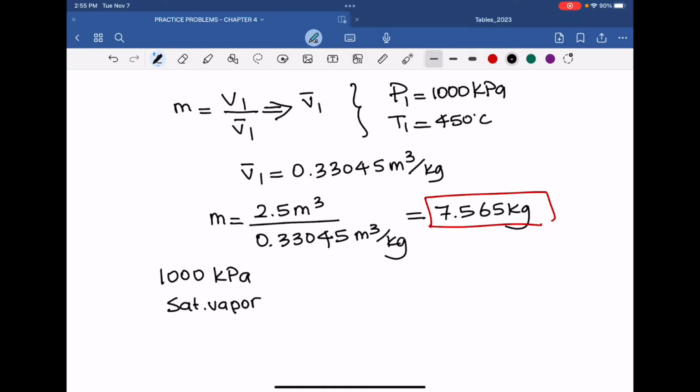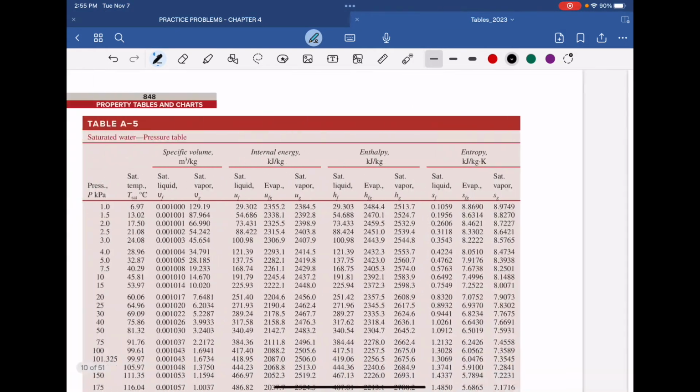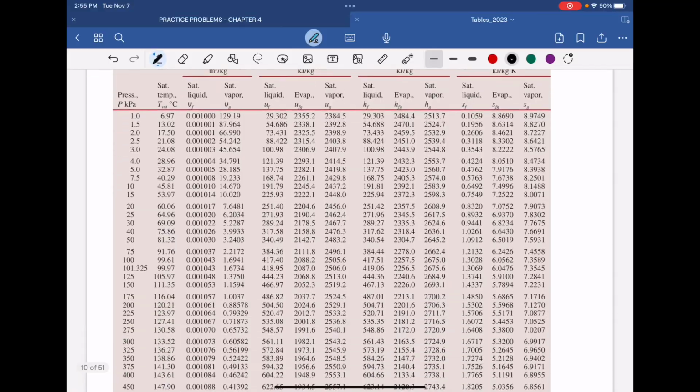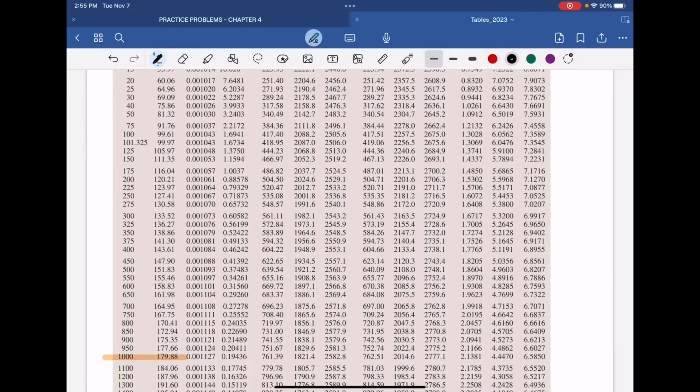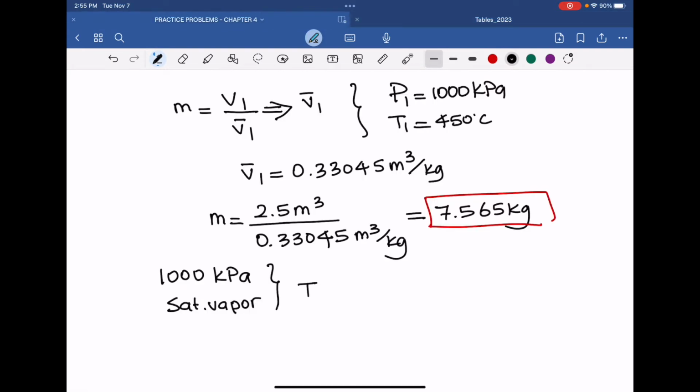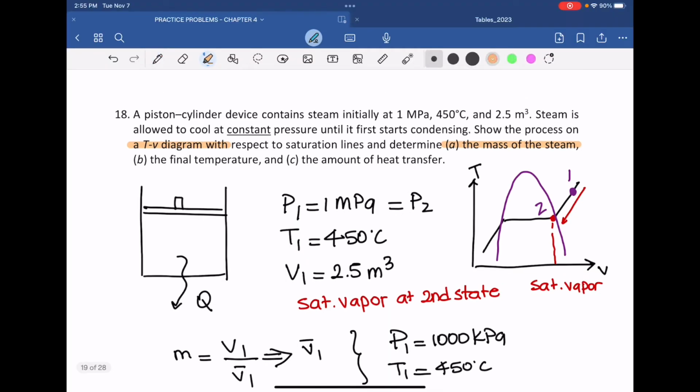So from the same tables, since at that pressure we have saturated vapor, you can see that temperature has to be 179.9. Okay, so that part we also did.